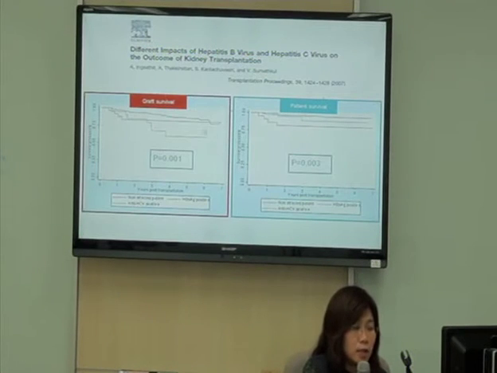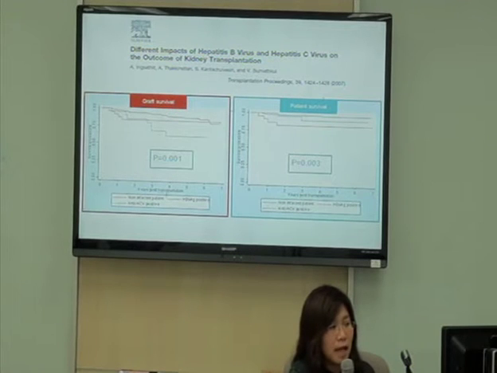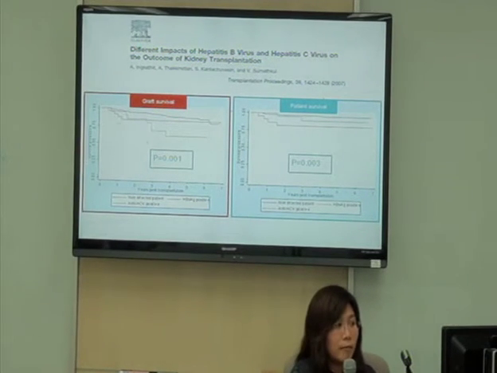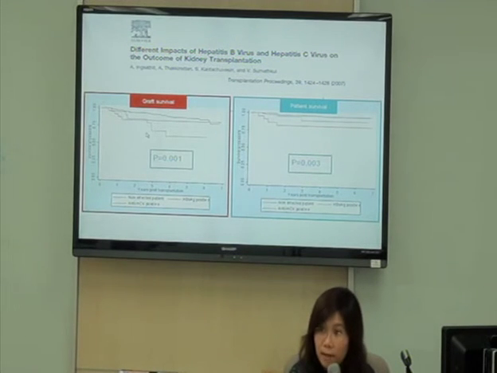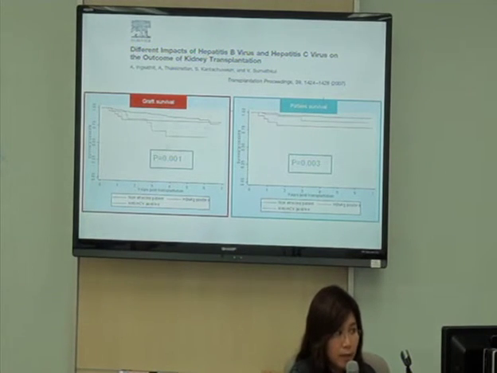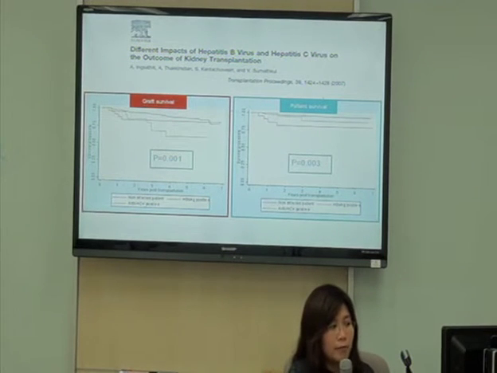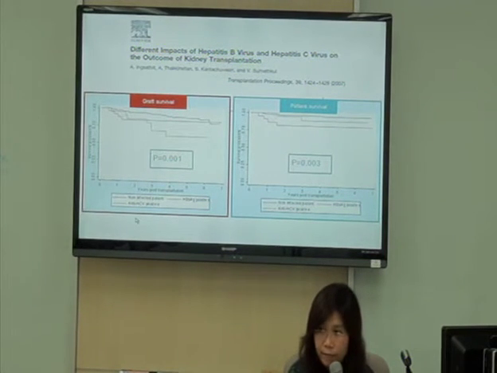And this is the result. Now you understand the graph, right? The graph here comes from the Kaplan-Meier probability. Every time you see this, remember that this is a univariate analysis. Otherwise, they have to specify under the graph that it has been adjusted.